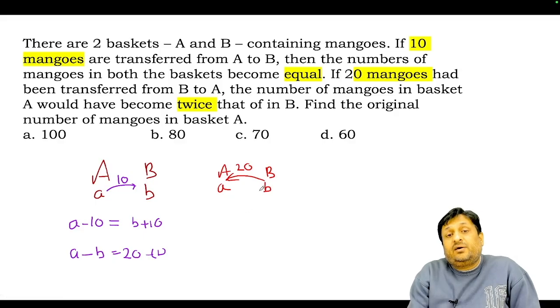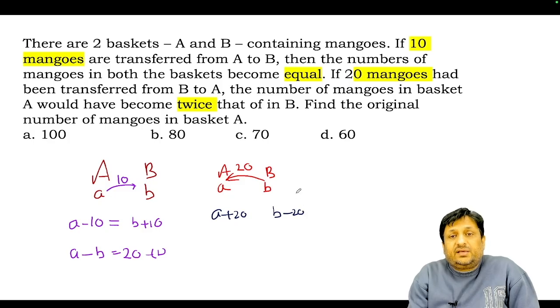So if you are transferring 20 mangoes from basket B to basket A, A will have A plus 20 mangoes and B will have B minus 20 mangoes. But in that case, the question is saying the number of mangoes in basket A would have been twice that of B. So it means A plus 20 must be equal to twice of B minus 20, isn't it?